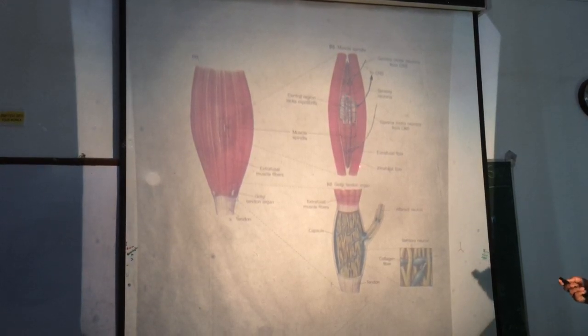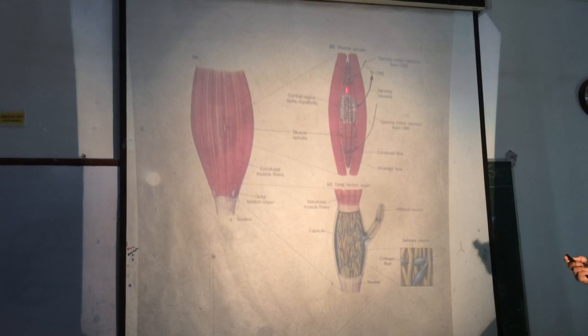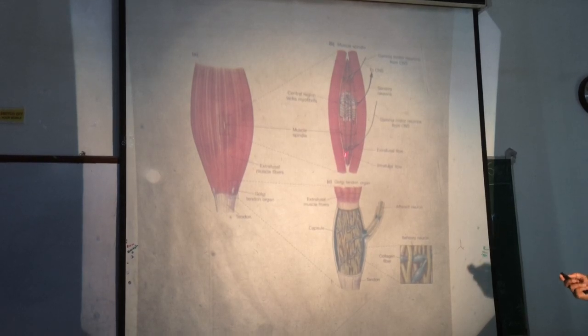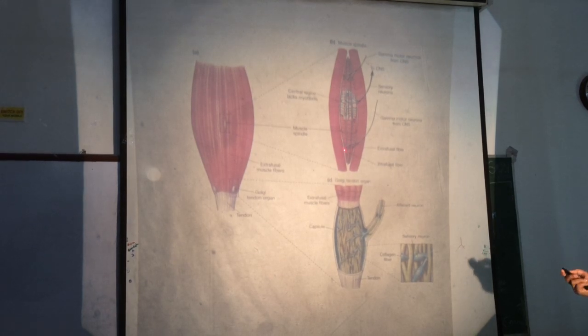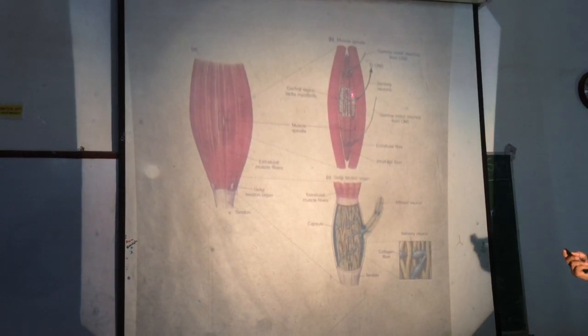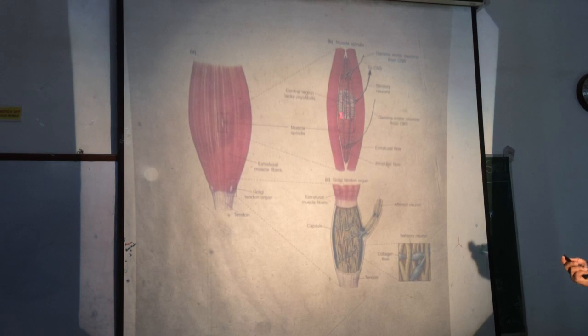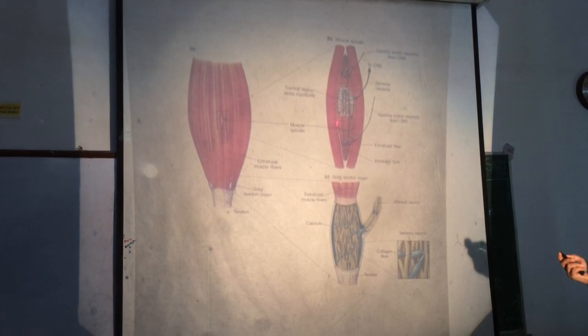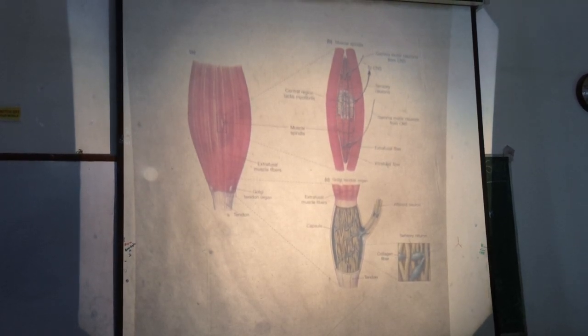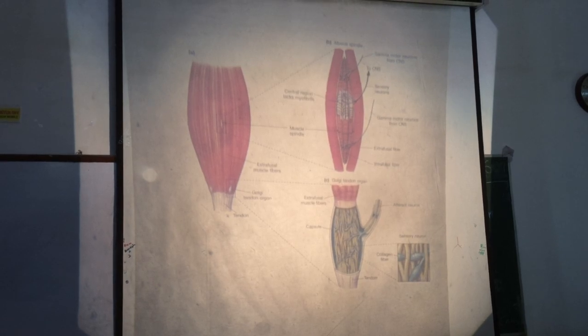What are these intrafusal fibers? These are small modified muscle fibers present in the muscle spindle. Don't confuse these with the ordinary muscle fibers, which are extrafusal.